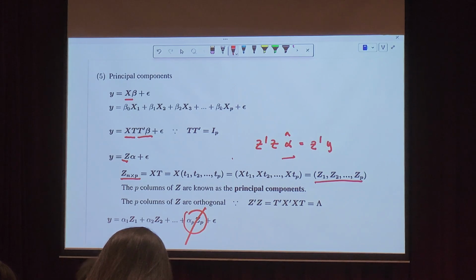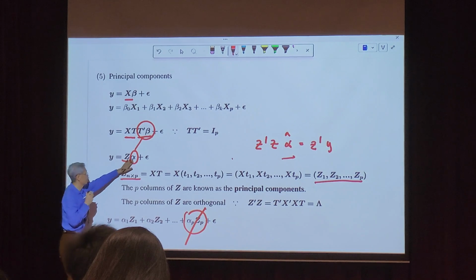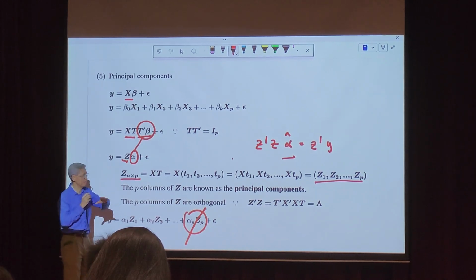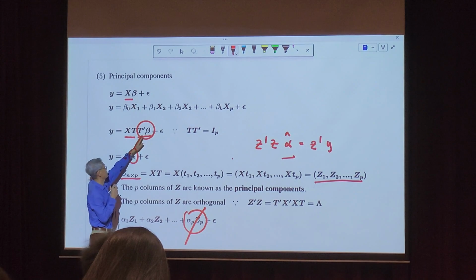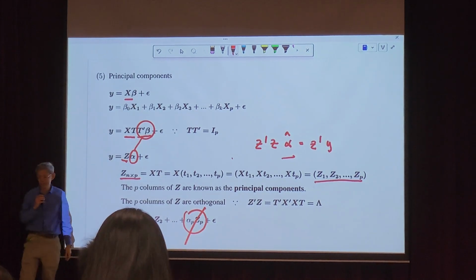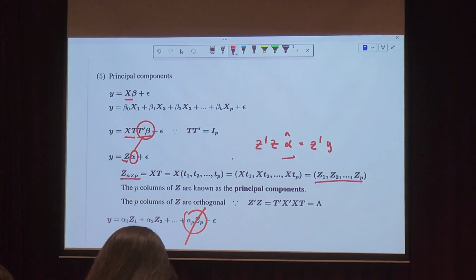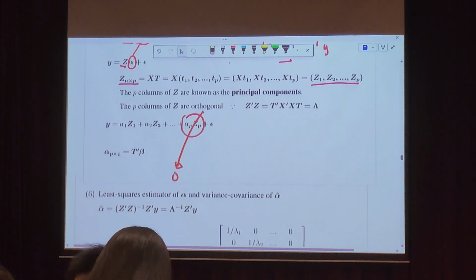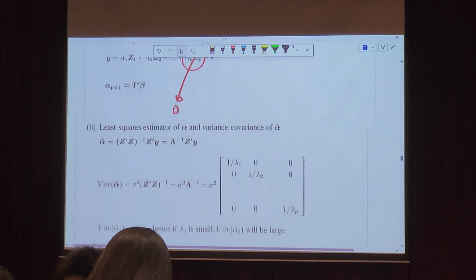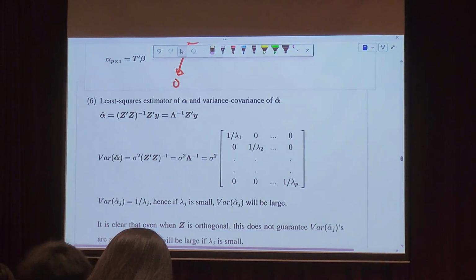When we introduce T and T transpose, there's a relationship between alpha and T beta. So if you can find this in a stable manner, you can do a transformation and get beta. All right? So that's the idea. If you think about it, it's not so abstract after all.